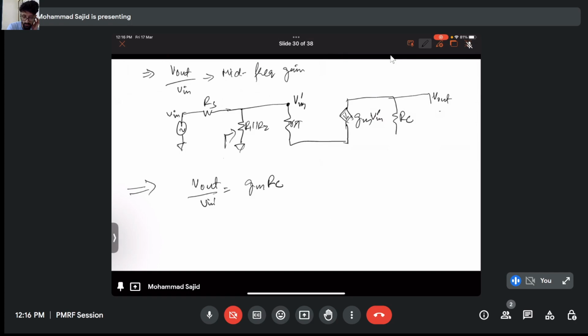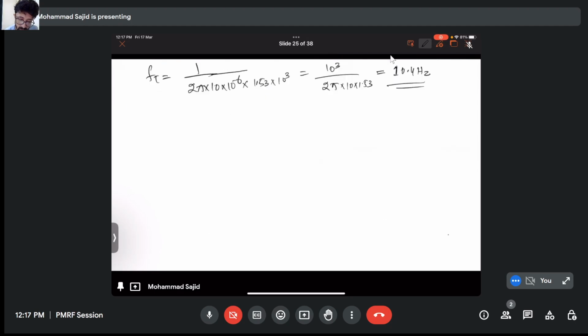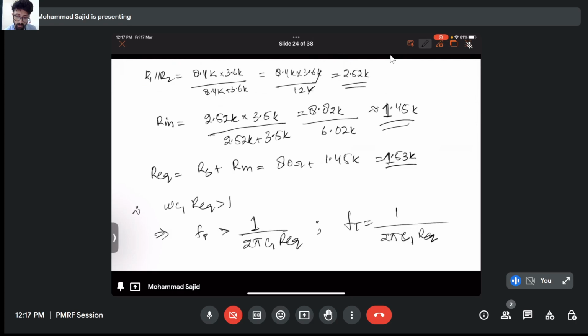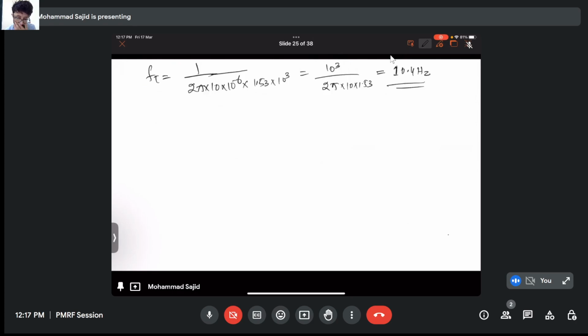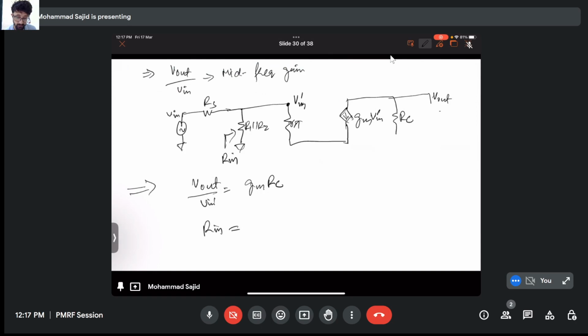And we know this is Rin. Let me just check the Rin calculated in the previous step. Rin is 1.45K. So my Vin dash will be equivalent to Rin divided by Rin plus Rs. That is 1.45K divided by 1.45K plus 80 ohm.